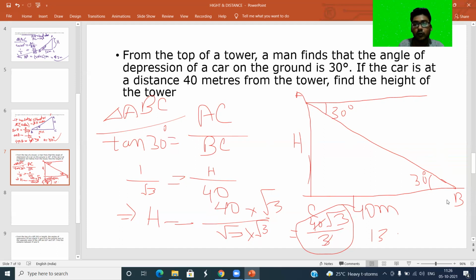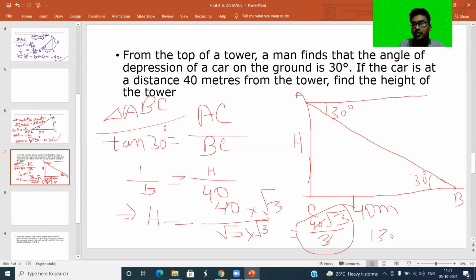Tan 30 is 1 by root 3, and AC is H and BC is 40, so H is 40 by root 3. Root 3 into root 3 means 3, and 40 root 3. 3 cut 3 and 40.